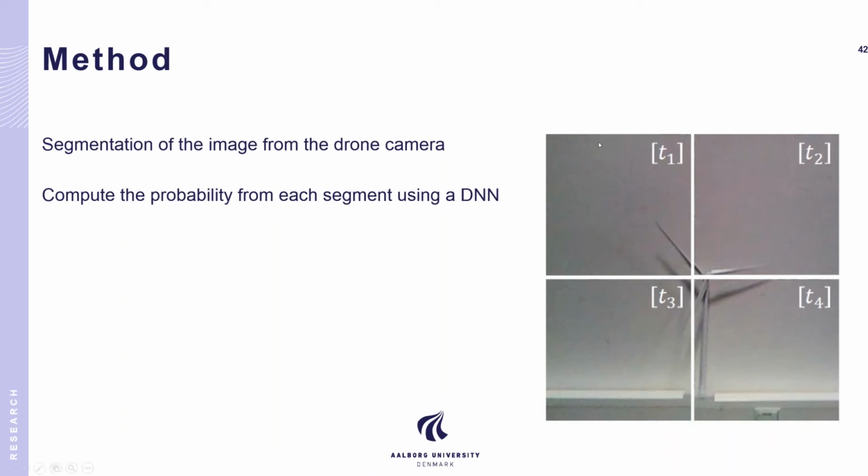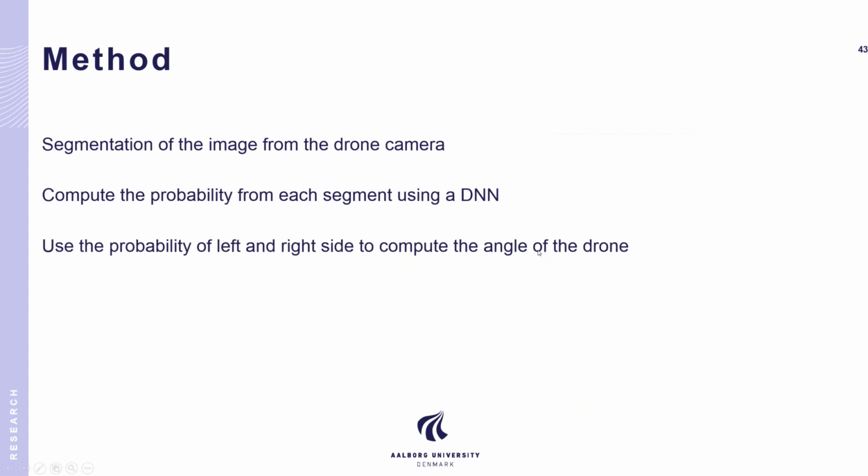So we take the image from the camera and we segment it. The segmented image we process through a neural network that is trained to find the wind turbine, and then the probabilities are used to calculate the error of the drone's relative position to the wind turbine.